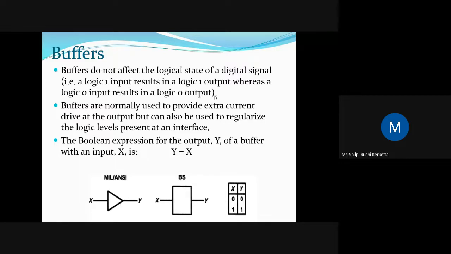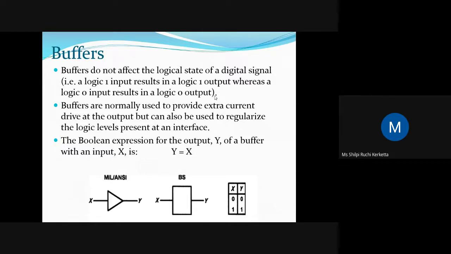Like if I am sending a signal from my side to your side through wireless, it is sent from one antenna to another. The air creates some resistance, or there is some fog or some rain. This fog and rain absorb some signal, so our signal becomes weak. When it reaches your side, the signal is weak.